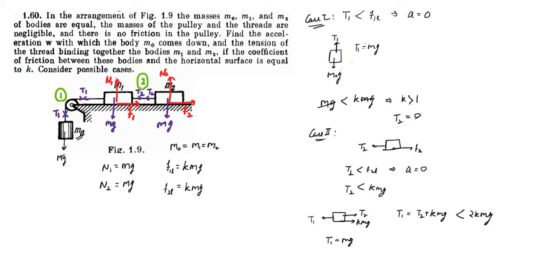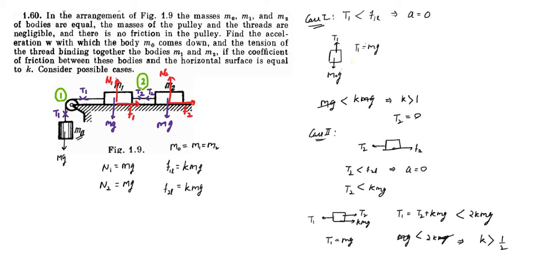So mg should be less than 2 kmg. So here mg and mg get cancelled, and we get k should be greater than 1 by 2.